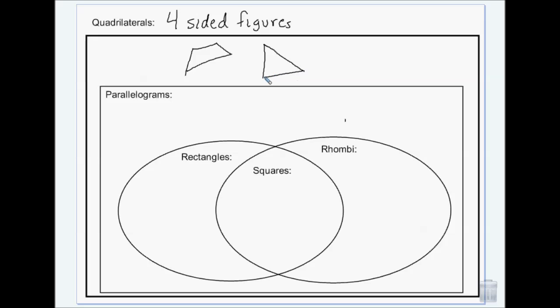There's anything that has four sides. Parallelograms have opposite sides that are parallel and congruent. So they're quadrilaterals, but they have special properties.